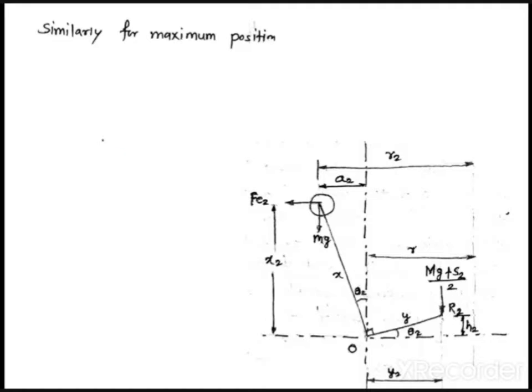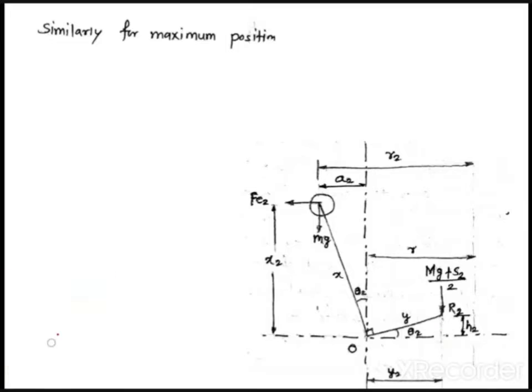Can anybody tell me what the equation will be for maximum position? Now this is the maximum position diagram. These diagrams are fixed, constant, so you have to remember them. See, mg is outward, and this y point is upward.